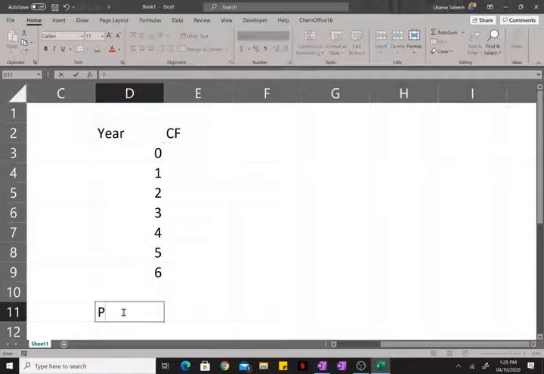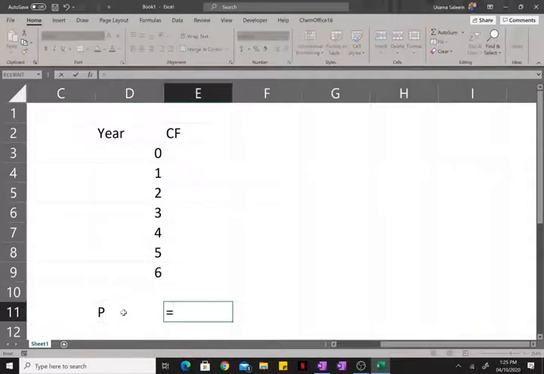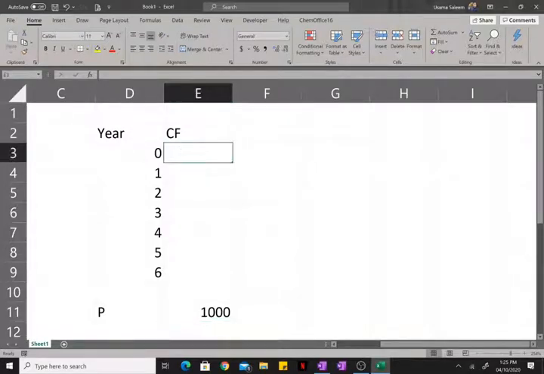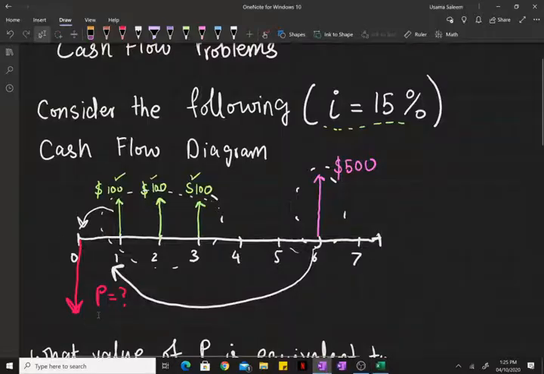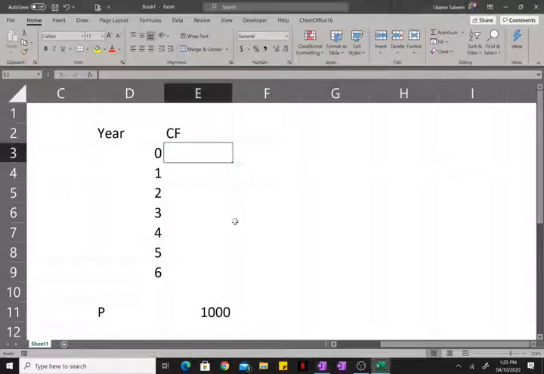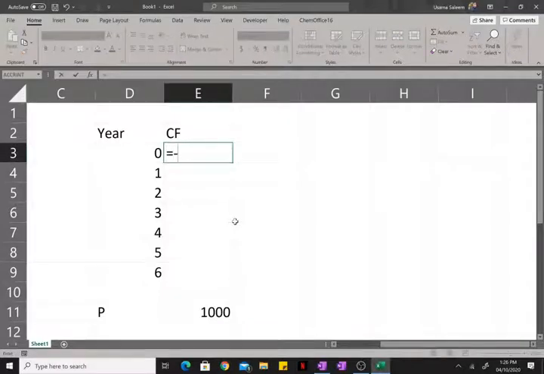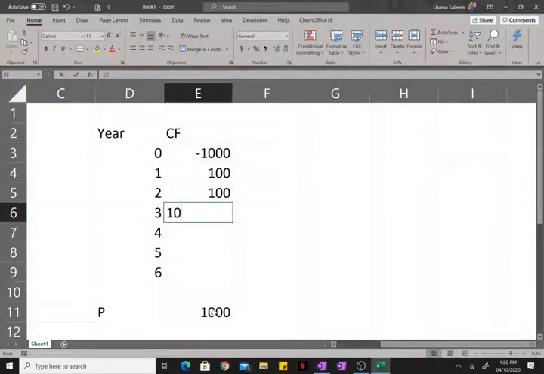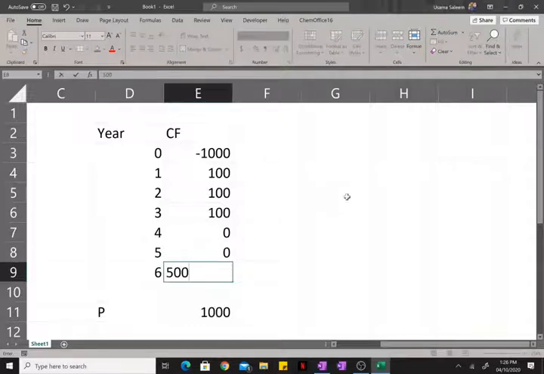So I'm just going to put an initial guess for that. Let's say 1000. And at year 0, that's a negative payment, hence a negative cash flow at year 0. At year 1, we have $100, 100, 100, nothing at year 4, nothing at year 5, and 500 at year 6. Okay.